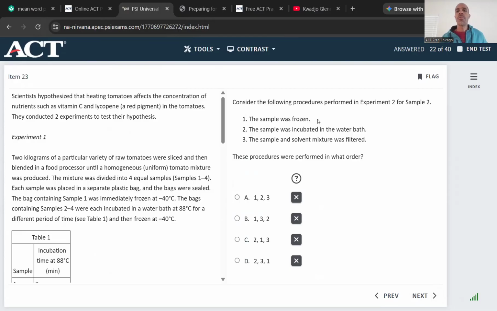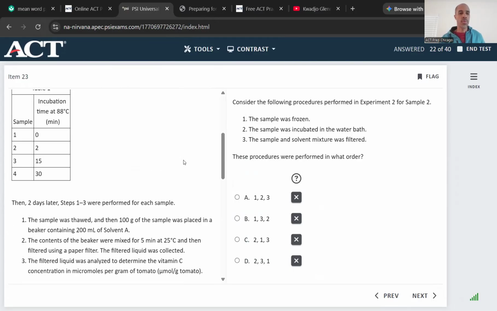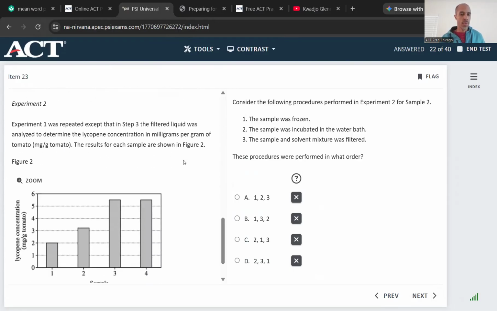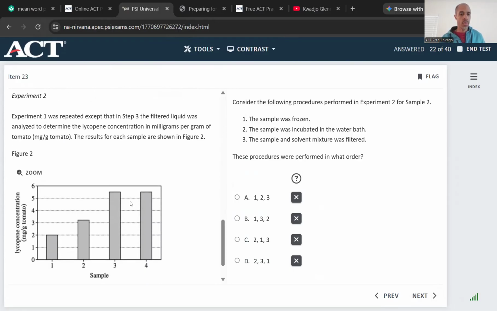All right, consider the following procedures performed in experiment two for sample two. Okay. So experiment two is down here and sample two. It was not frozen. It was incubated in the water bath. Remember that sample one was the only one that was frozen right away.